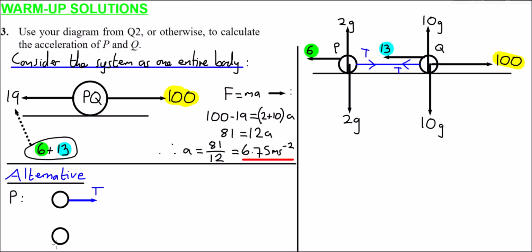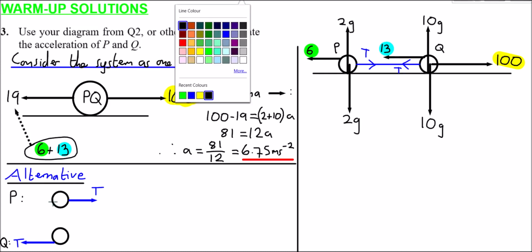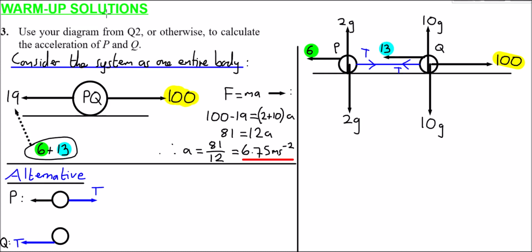So for Q, the tension's acting the opposite way. Now just thinking about P on its own, the only thing holding P back is a 6 Newton force. We can show that by adding in an arrow and labelling it 6. That's all the horizontal forces acting on P.